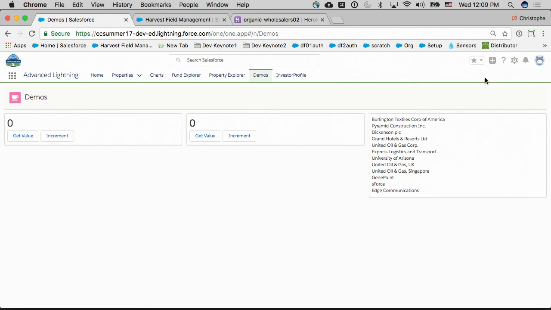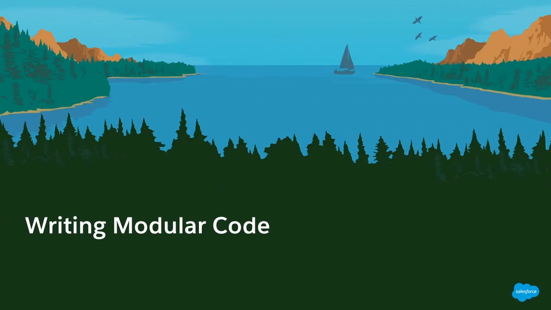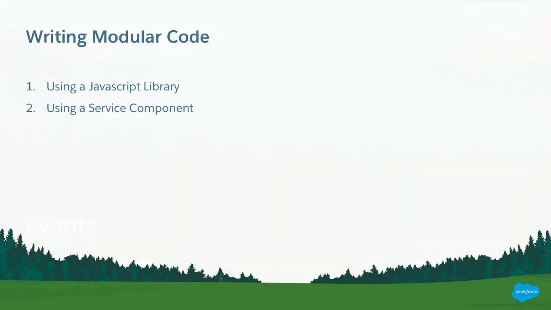The data access logic is entirely reusable, encapsulated in that account data service component. Okay, so two ways to write reusable code: JavaScript libraries and service components.